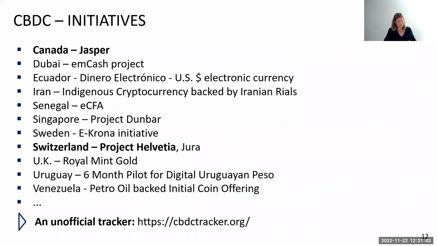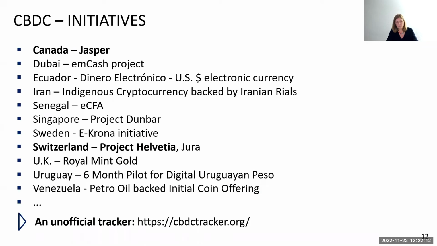Now, when you look at what's currently going on around the world, we can see many activities and projects here on this slide. And this list is growing and growing. Canada's here at the top, was one of the first central banks which experimented with DLT-based decentralized systems for settlement and transfer.